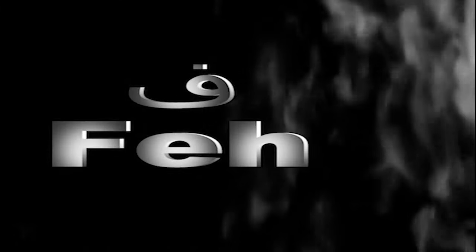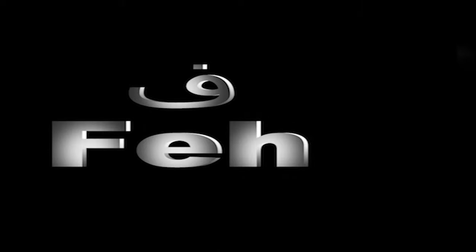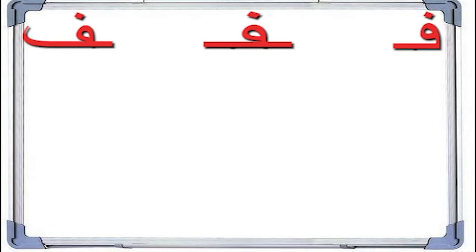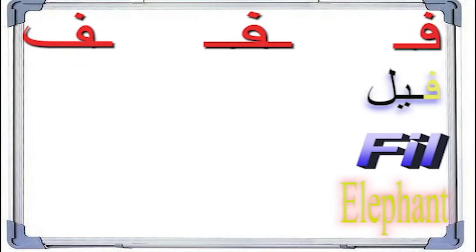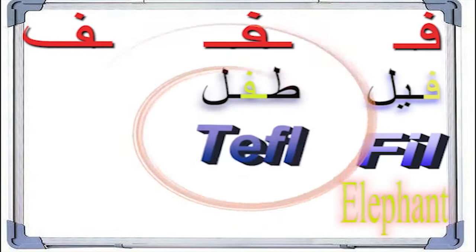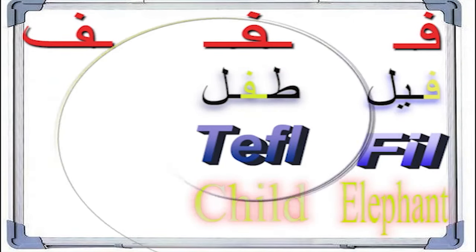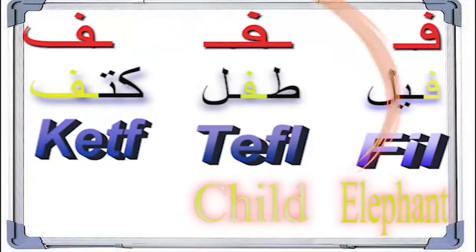Fa. Fa in the beginning, fa in the middle, and fa at the end. Examples: feel, field, child, shoulder.